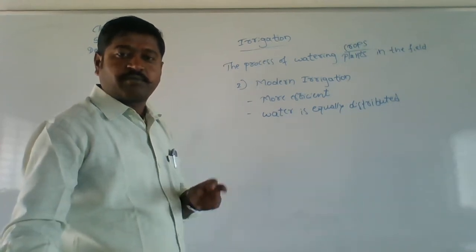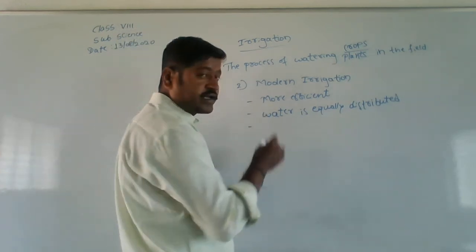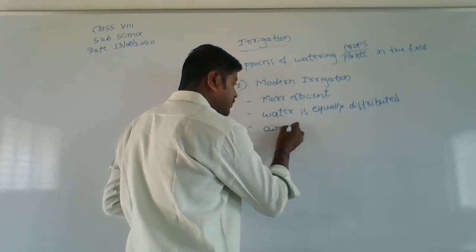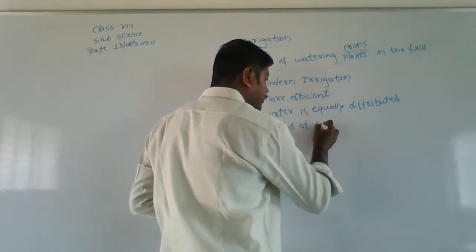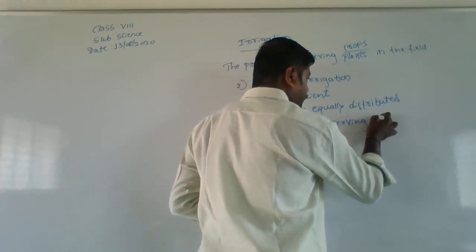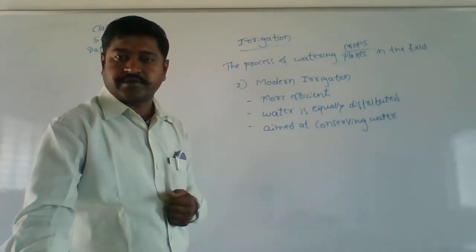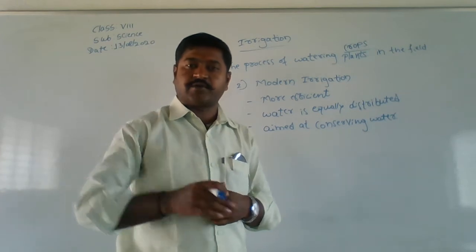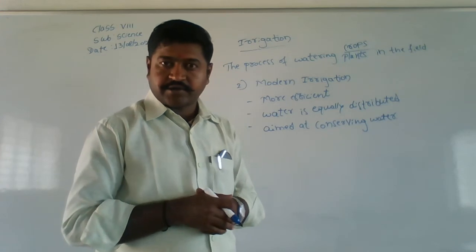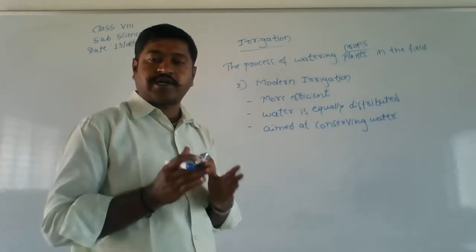Then generally this modern irrigation is aimed at conserving water. Water has to be saved. We have to conserve each and every drop, because during summers almost all parts of India feel scarcity of water. So what we have to do? We have to conserve each and every drop of water.